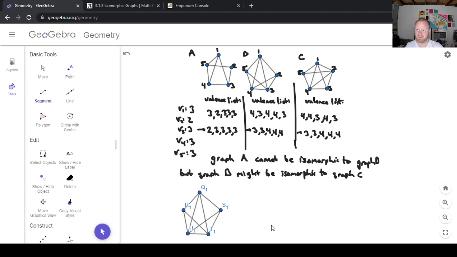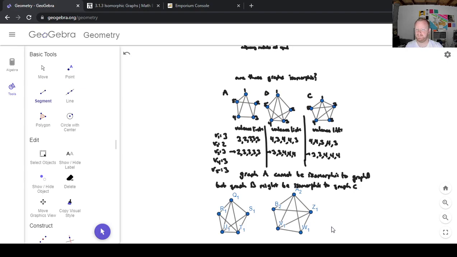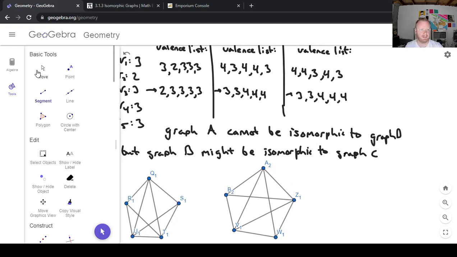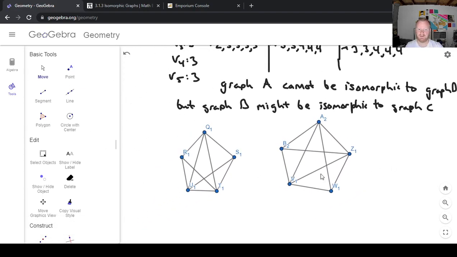Okay, so that's graph B. That's graph C.